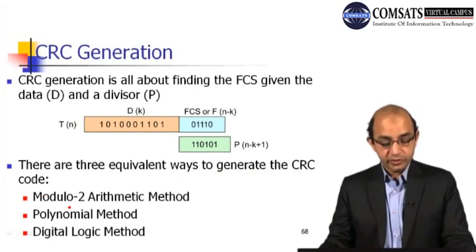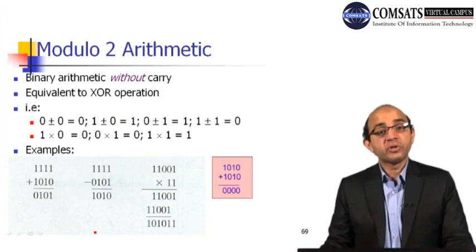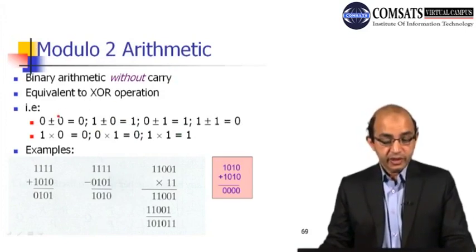We can use the modulo 2 arithmetic method, the polynomial method, and the digital logic method. So there are three different methods. Here we have modulo 2 arithmetic without carry, right? It is equivalent to the XOR operation.